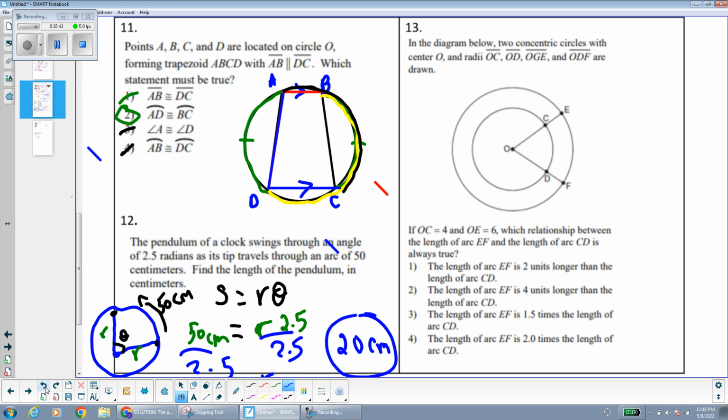If OC is 4, let me label this, and OE is 6, which relationship between the length of arc EF and the length of arc CD is always true?